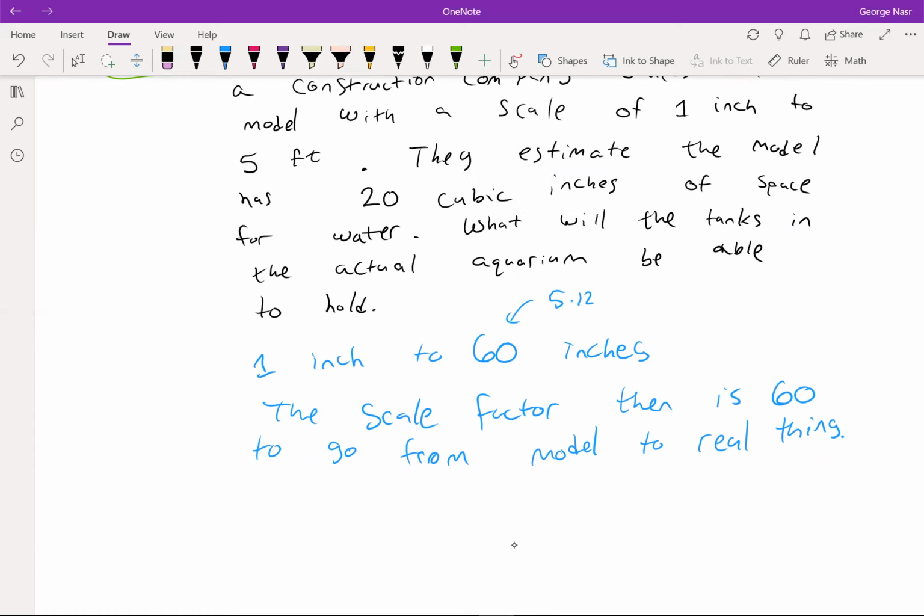I have found my scale factor, and I know that to use the scale factor to convert volumes, I cube my scale factor and then multiply the number that is my volume. So at the end of the day, this ends up being 4,320,000 cubic inches.